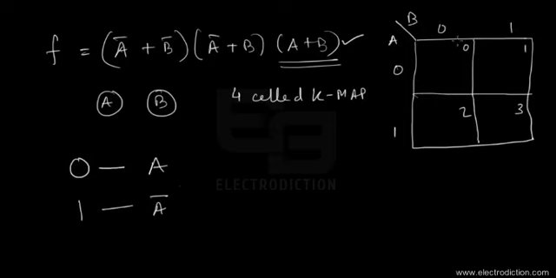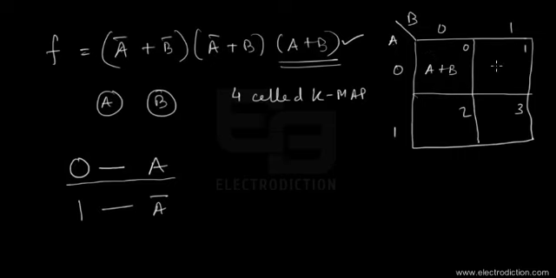So in the first cell, both a and b are zeros, which means it has a max term that looks like a plus b, because zeros represent non-complementary variables in terms of the POS system.